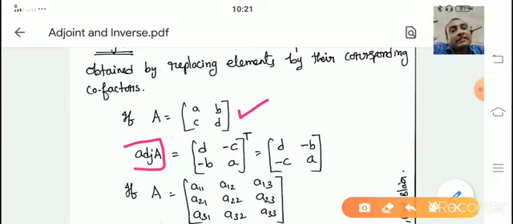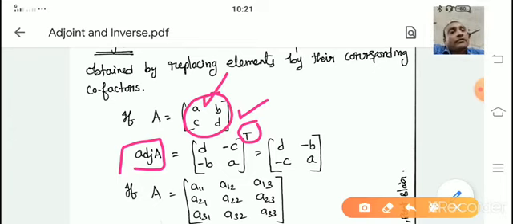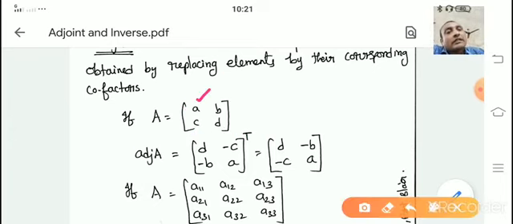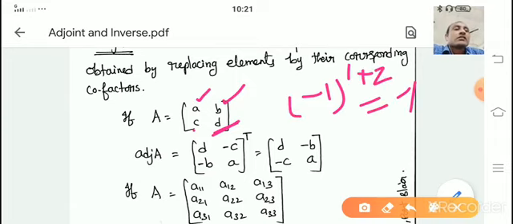Adjoint A is a matrix. It is the transpose of a matrix replacing A, B, C, D by their corresponding cofactors. What is the cofactor of A? It is D. Cofactor of B is minus C, because minus 1 power 1 plus 2 is minus 1, so minus will come.